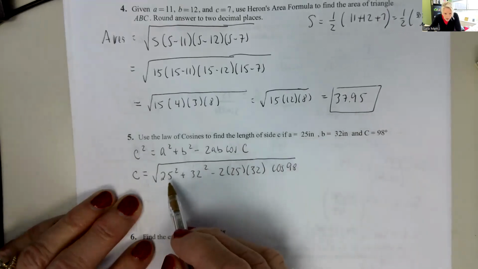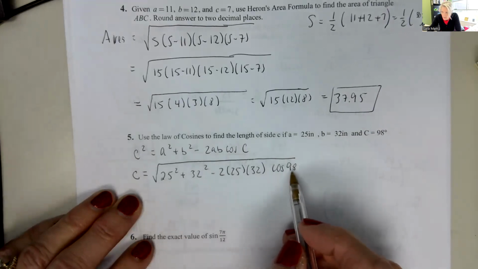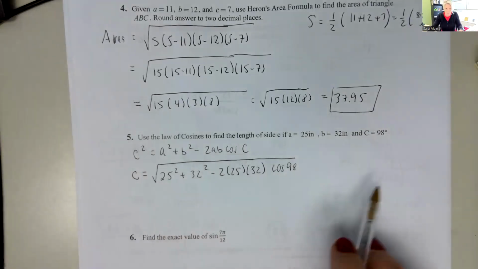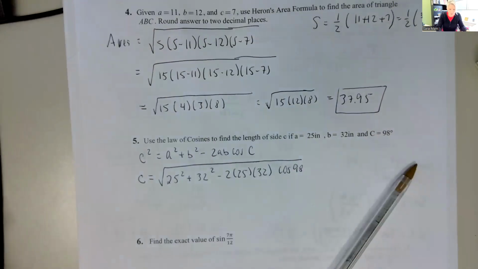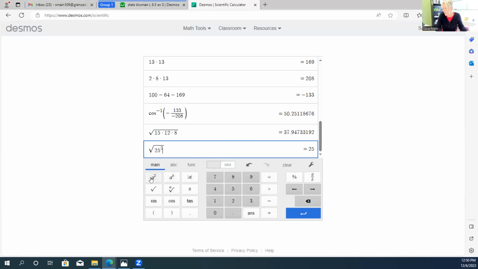And since I know all the values on the inside, I can do this in one big calculation in my scientific Desmos. Make sure it's all underneath the radical. I'm going to show you that here. So I'm over here, I'm clicking on the square root, and I've got 25, and I'm going to go back to my main and hit squared, plus 32 squared minus 2 times 25.